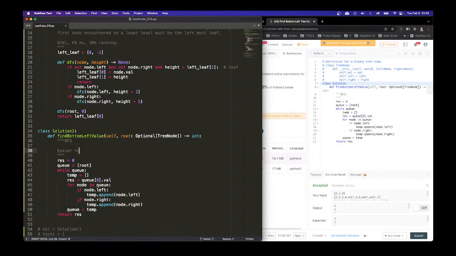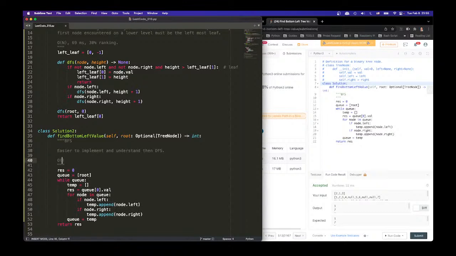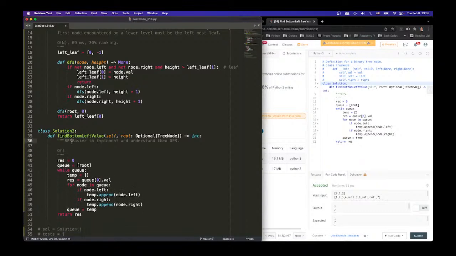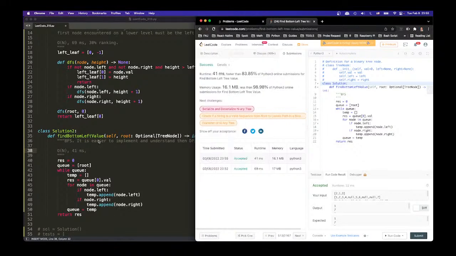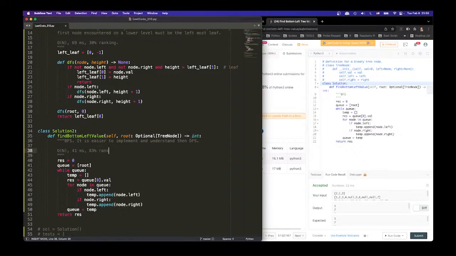It's easier to implement and understand than DFS. And then we run at 41 milliseconds, 83% ranking.